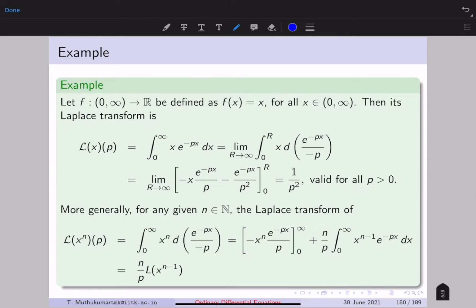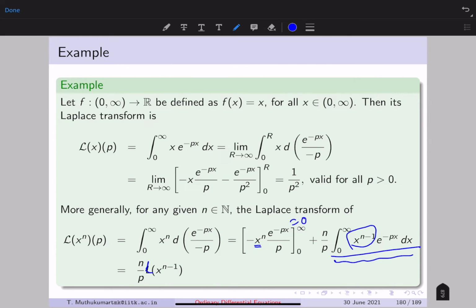Then with x equal to 0, there's an x here, so this term will become 0, it will vanish. What remains is this n over p, and this is precisely, by definition, the Laplace transform of x power n minus 1. This should be script f, this is a mistake, so script f, the Laplace transform of x power n minus 1.